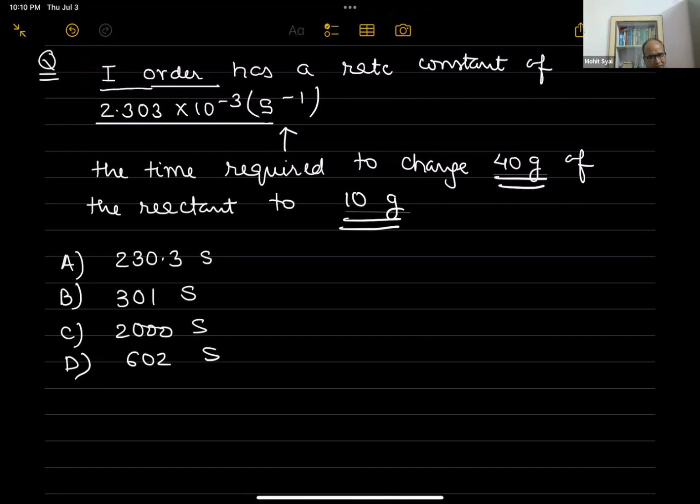This is the first order reaction. Yes. What about Ibrahim and Jesse? What answer are you getting?